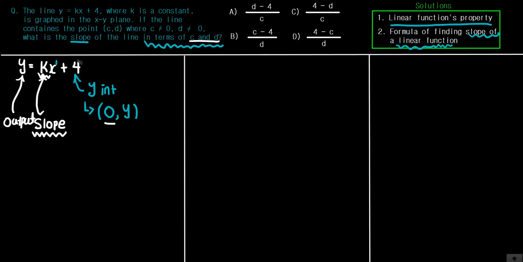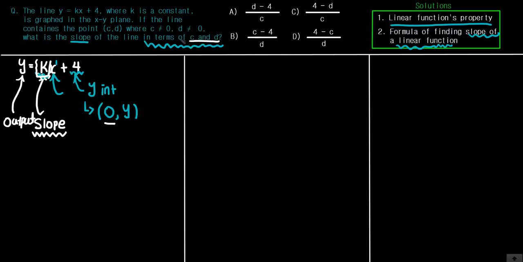So the k value and the 4 are invariable, which means their values never change. The output will depend on the x value. So the thing that we want to find is the value k.